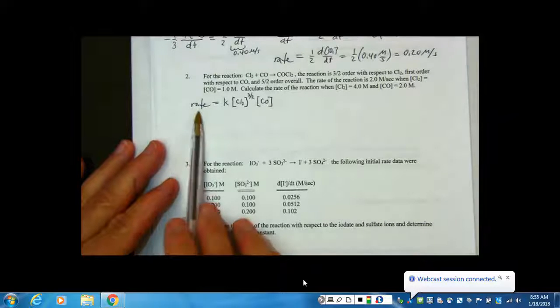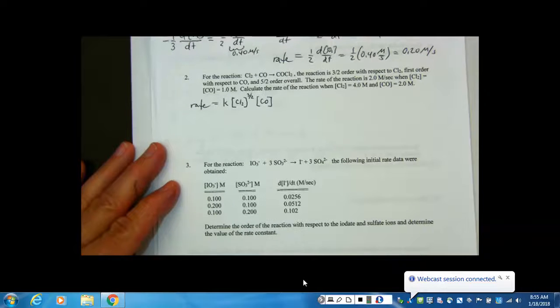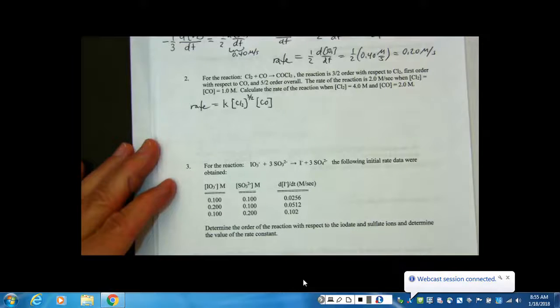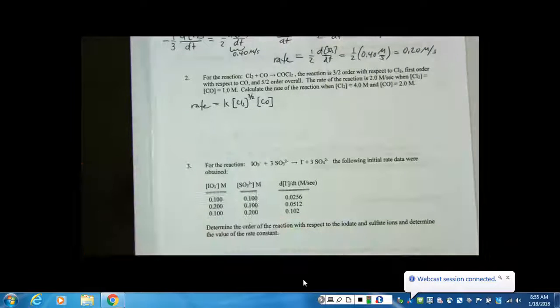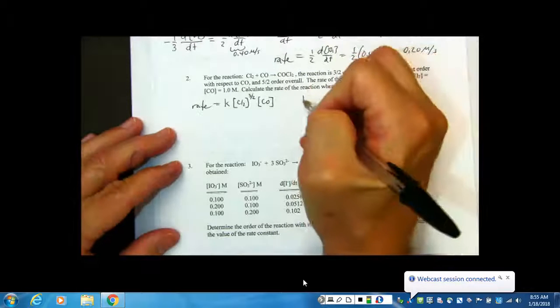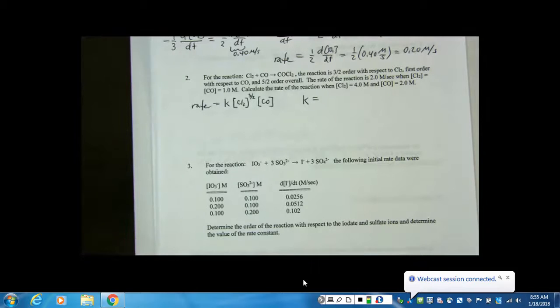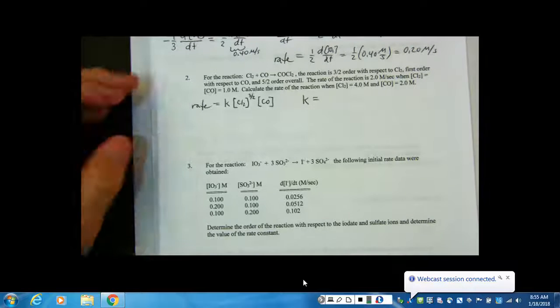We know under these conditions that the rate is equal to 2 moles per liter per second. How are we going to strategically determine what the rate is when we know the rate at one chemical concentration condition? We can solve for K. Once we have K, we'll be able to determine the rate at any particular concentrations.